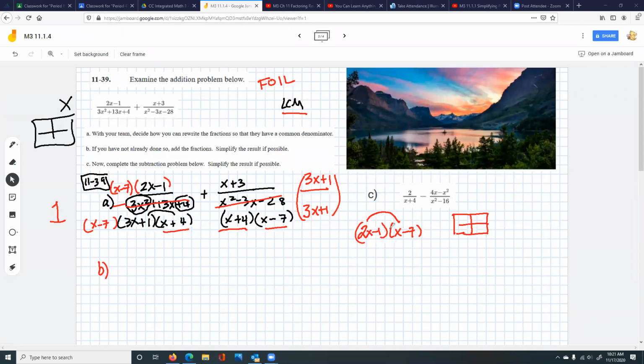So 2x times x gives me 2x squared. That's my first. Outer, inner, last. If you were in my math 2 class last year, I showed you how to do this. Then 2x times negative 7 gives me negative 14x.